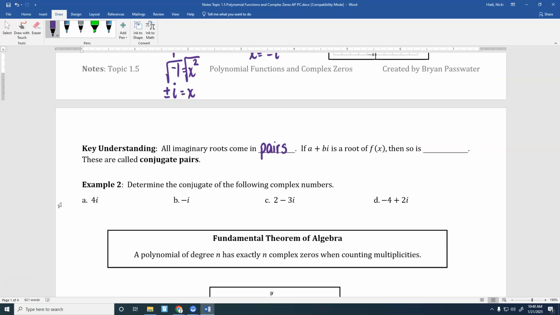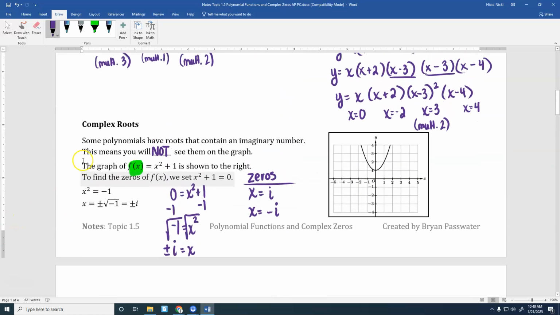Technically, I used the wrong word there. Complex roots can be imaginary or real.